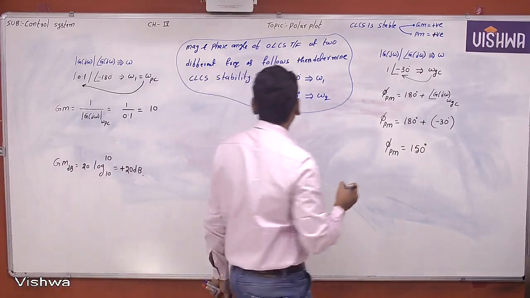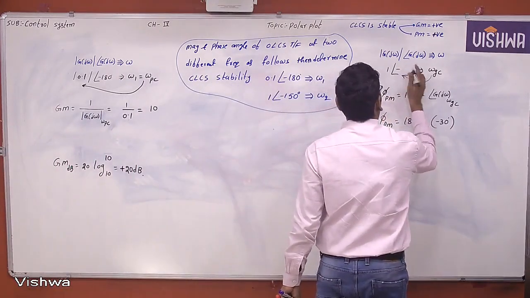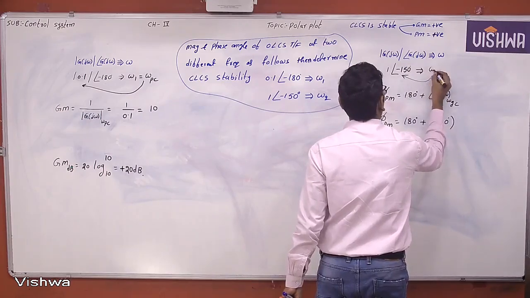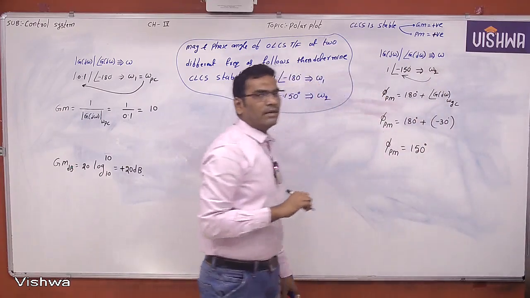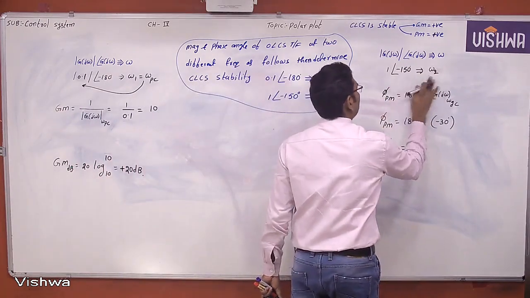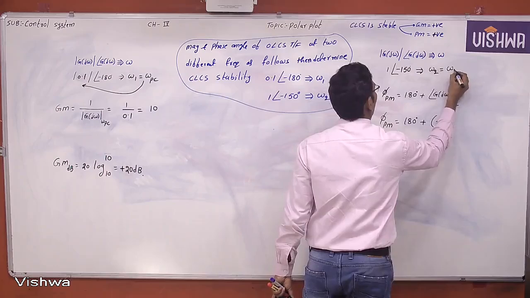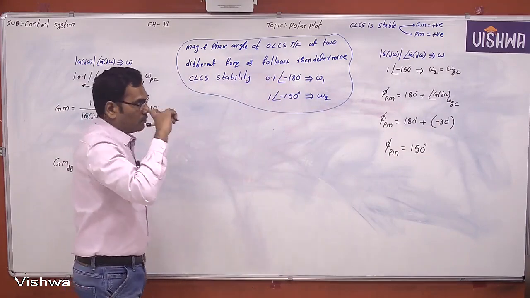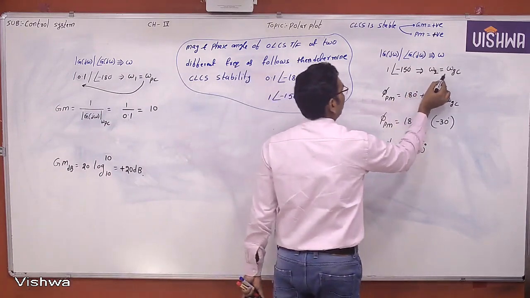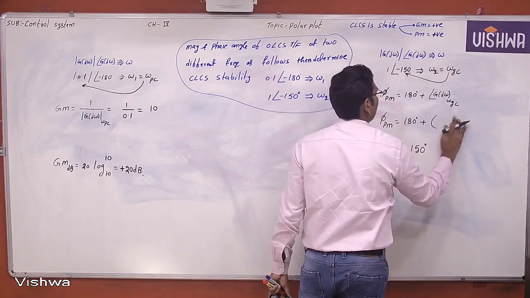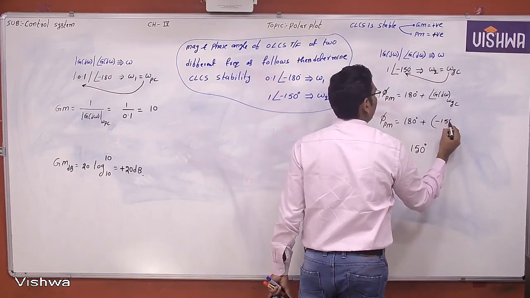Now one more relation is also given: 1 at angle of -150 degrees at some particular frequency omega 2. Whenever the magnitude is equal to 1, this is omega GC, the gain crossover frequency. At gain crossover frequency, the phase angle is -150 degrees.